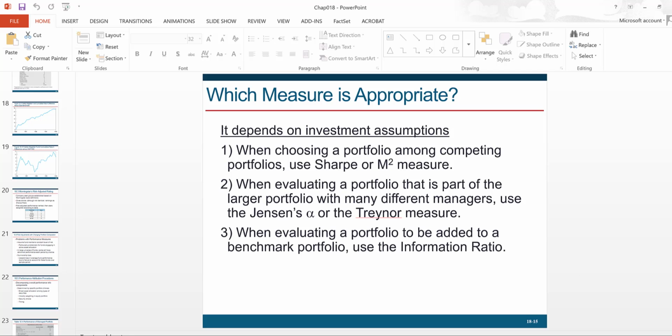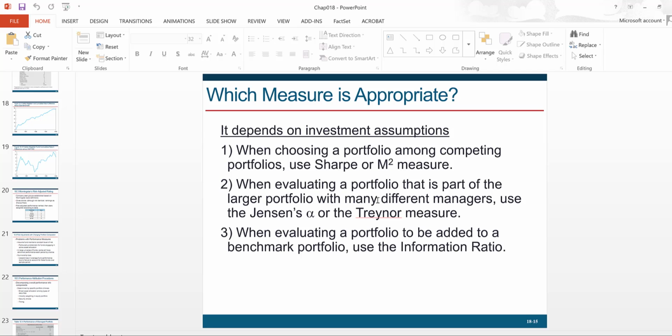If you're evaluating a portfolio that is part of a larger portfolio, so let's say there is a fund that is managed by a team, right? There's this large fund or large portfolio, and there are individual parts that are managed by individual fund managers, right?